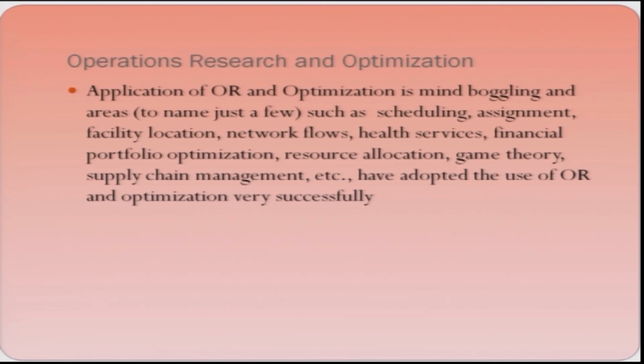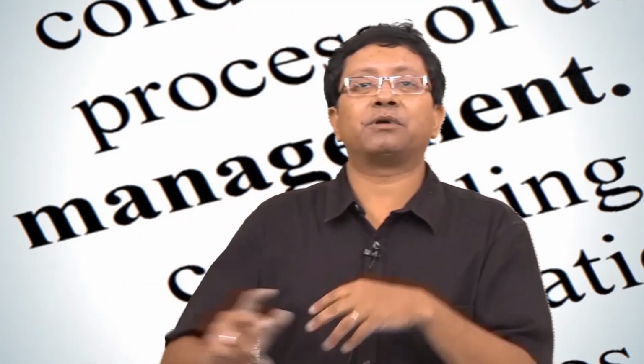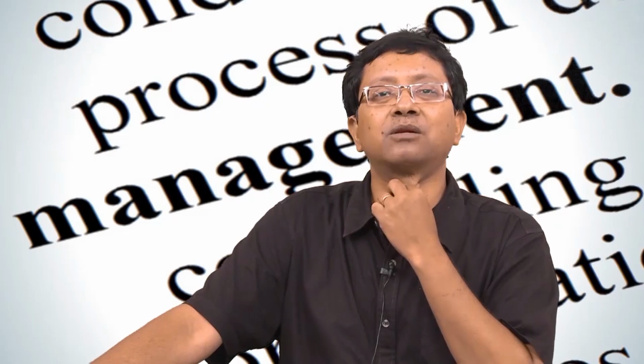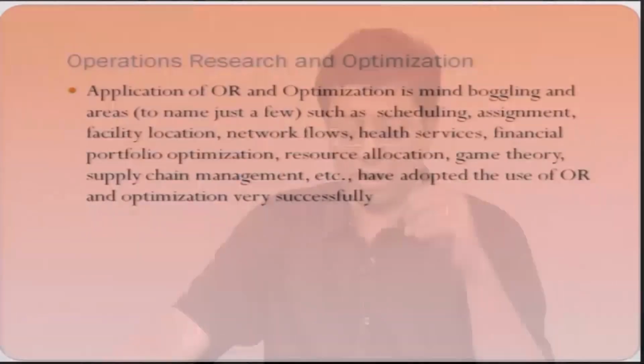It is used in network flows, like when you want to transport goods or manpower from one area to another, and how we do it in the best possible way. What is best would depend on how you use optimization as a tool in different areas. Operation research and optimization can be used in health services, financial portfolio management, asset liability management, game theory, and so on.